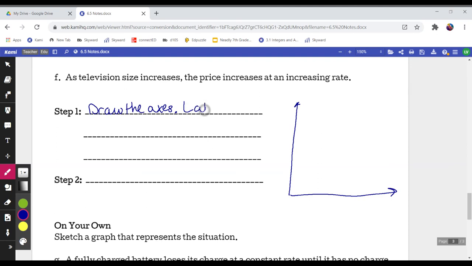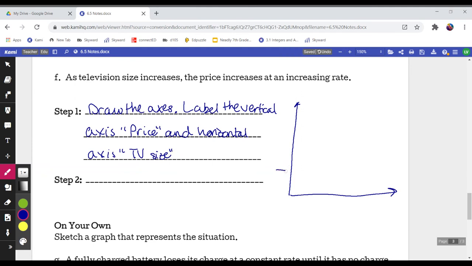Then we are going to label the vertical axis price and the horizontal axis TV size.